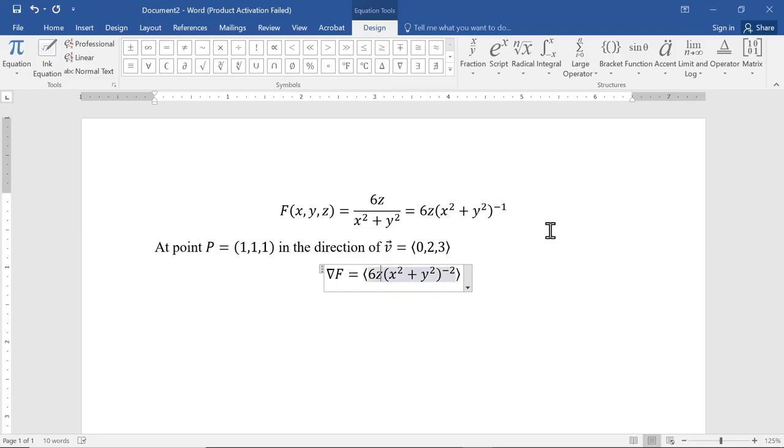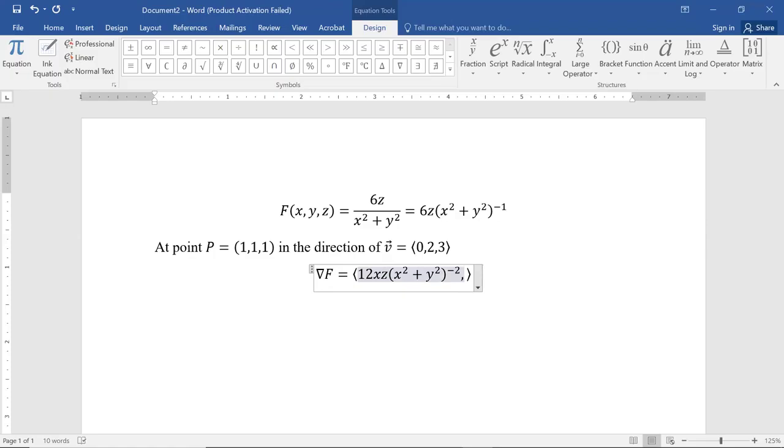This is with respect to x. So with respect to x, I get 2x. So 6z times 2x becomes 12xz times this whole thing to the negative 2 power.